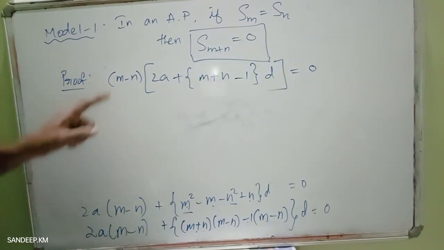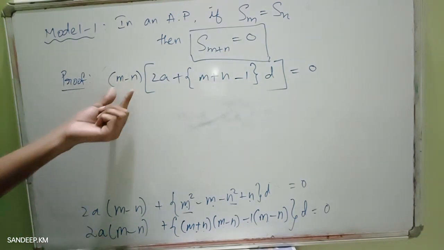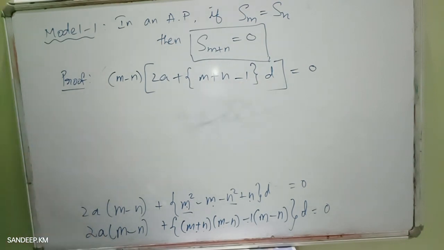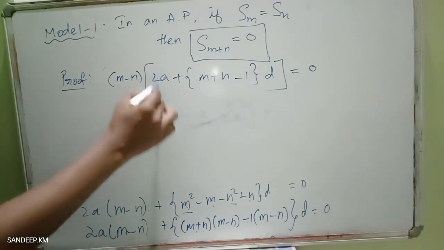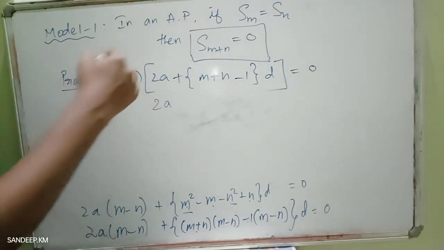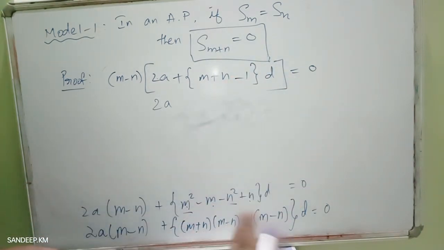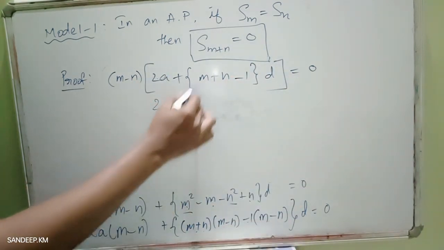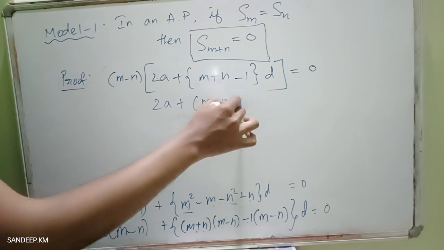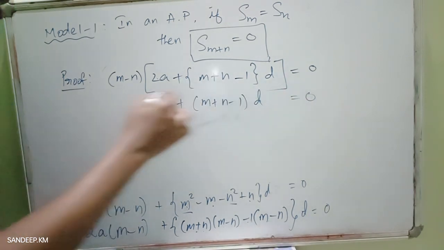And remember that if m is not equal to n, I can take m minus n to the right side, so I'll get 0 by m minus n, which is 0. So 2a plus m plus n minus 1 into d equal to 0.